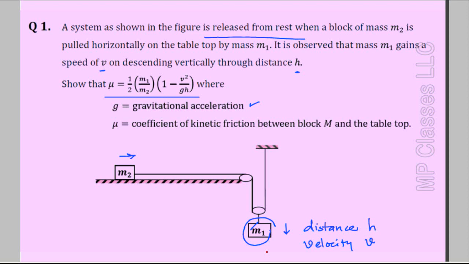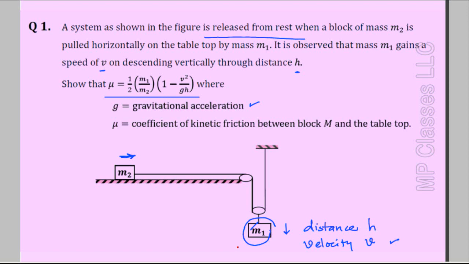And so the potential energy gets converted into two forms. One is that it works against friction in moving this block in this direction, that's the block M2, and also the remaining energy is left with block M1 because it still has velocity v.